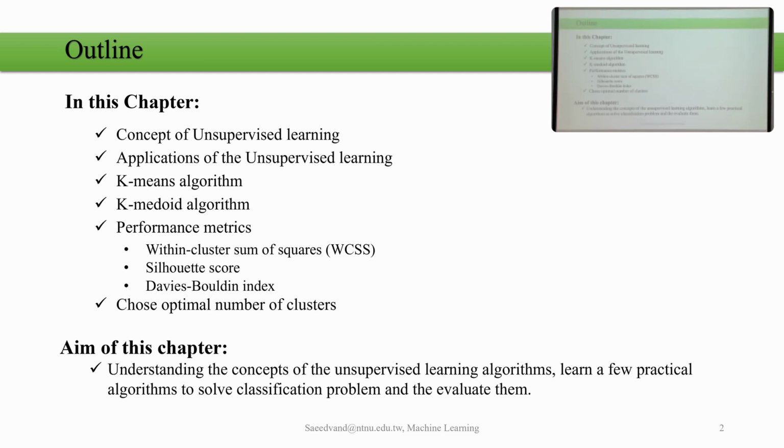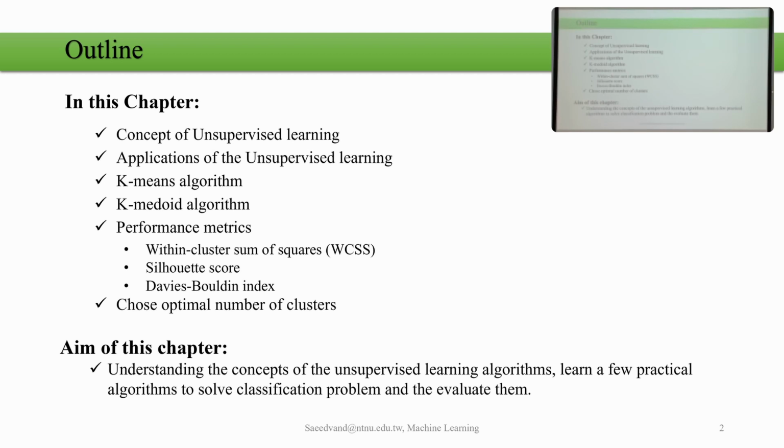Then afterward, we will talk about performance metrics. We will see that if we apply unsupervised learning technique, can we use previous metrics, and what else we have as metrics over here. For example, we have within cluster sum of square WCSS metric that we will see.